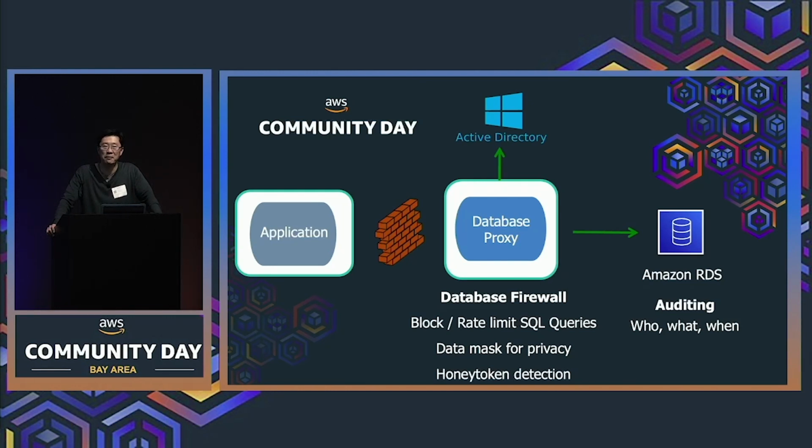It's just a fake entry that a user would not normally request or query. And when someone queries that, it could be highly suspect. So you're putting a honey token into the database as bait to see if there could be any potential breach in the data.